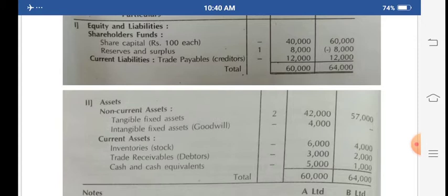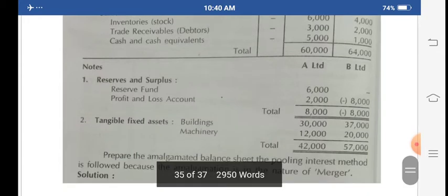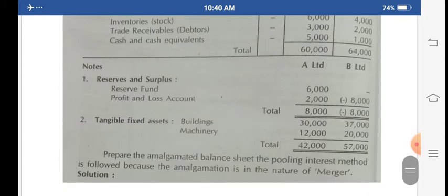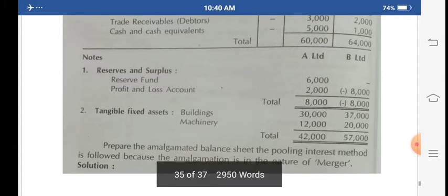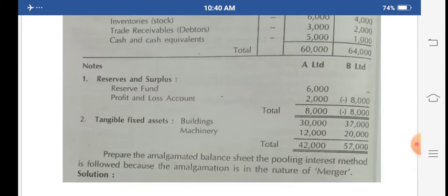Notes are given under reserve and surplus and tangible fixed assets. Prepare the amalgamated balance sheet. The pooling of interest method is followed because the amalgamation is in the nature of merger. So we have to use amalgamation in the nature of merger, and with the help of this problem we have to prepare the balance sheet.